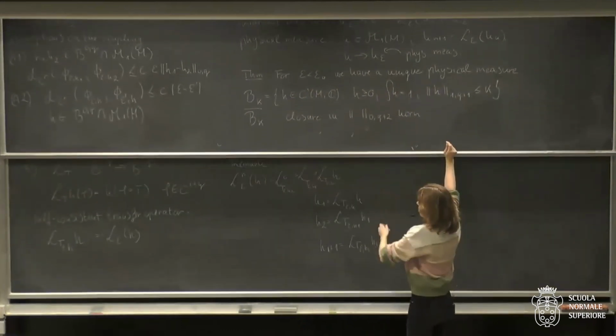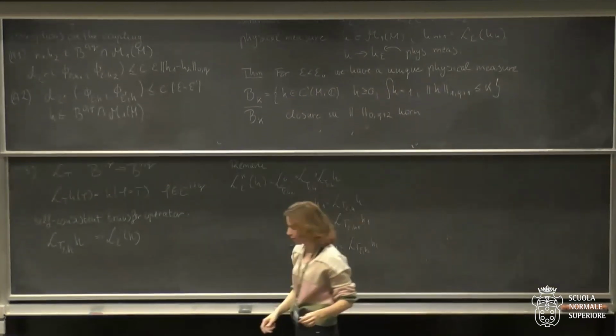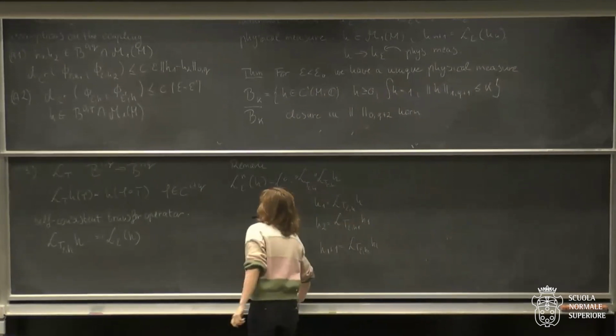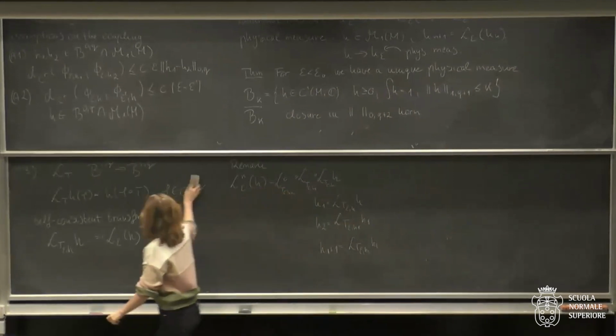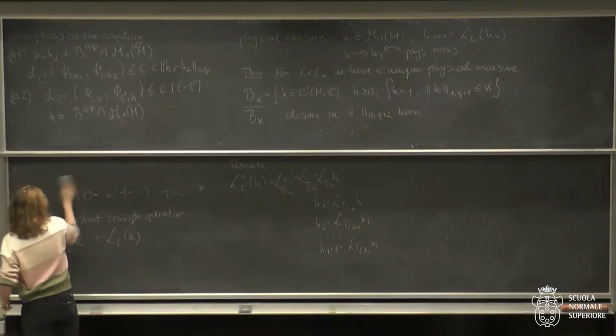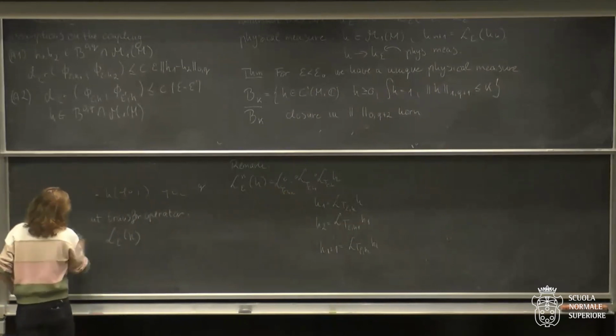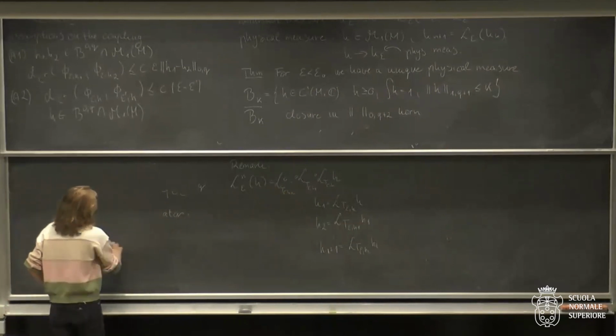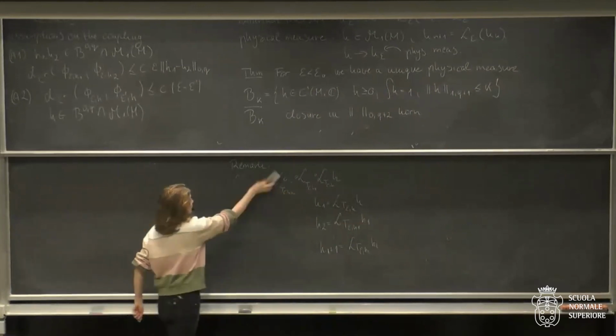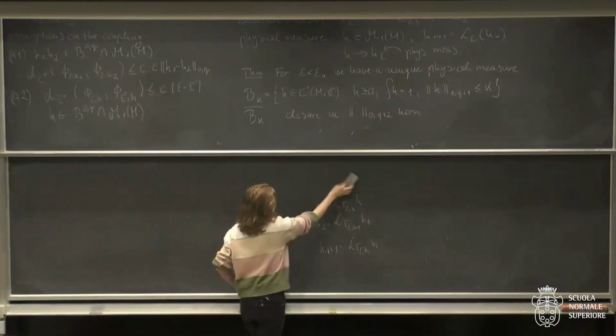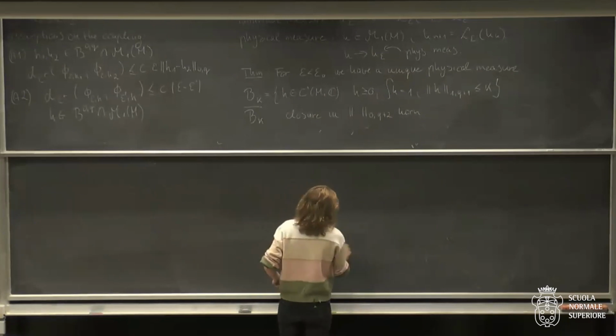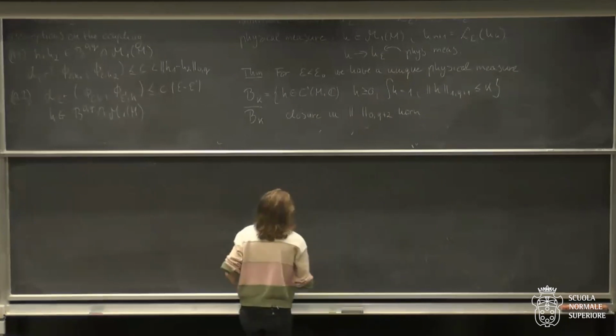And then the next proposition says that if epsilon is sufficiently small, then there is an iterate of the self-consistent transfer operator that's going to leave this ball invariant.